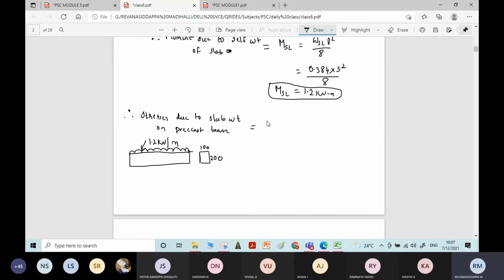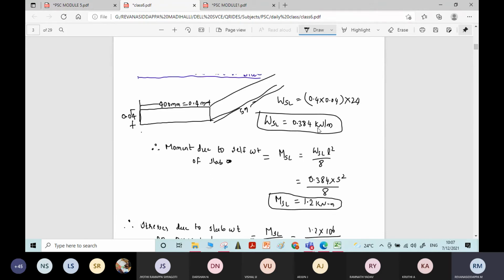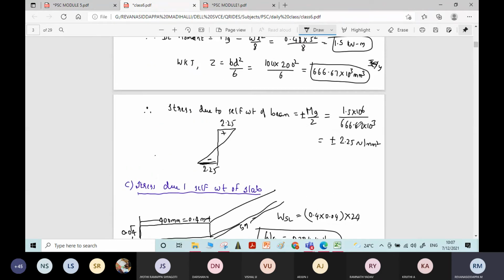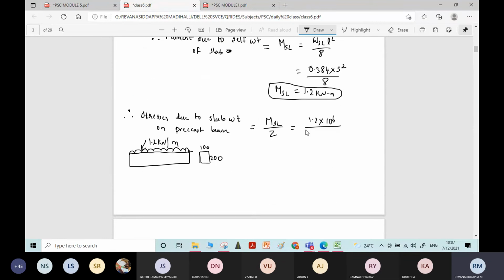That is MSL divided by section modulus Z of rectangular section: 1.2 into 10 power 6 whole divided by Z. Z is how much? 666.67 into 10 power 3. Plus or minus, this is also.